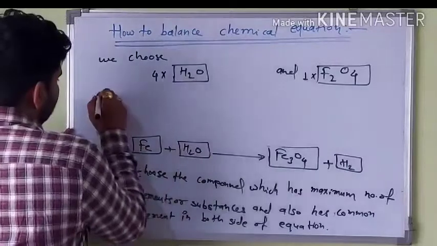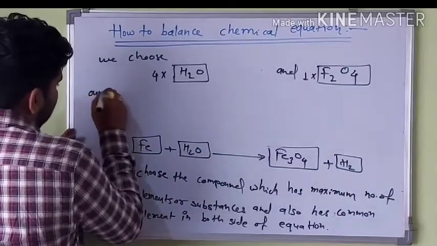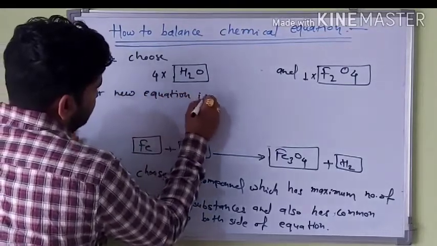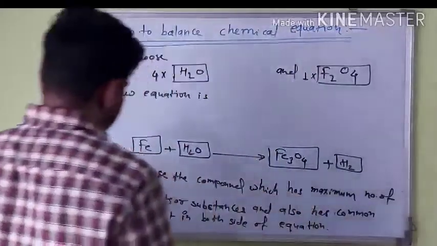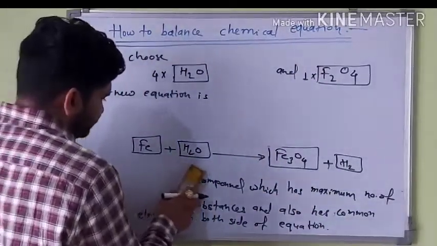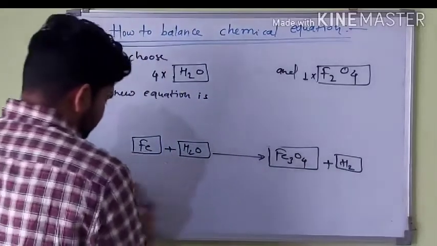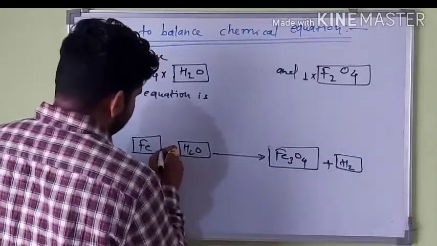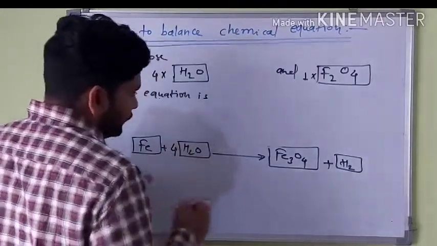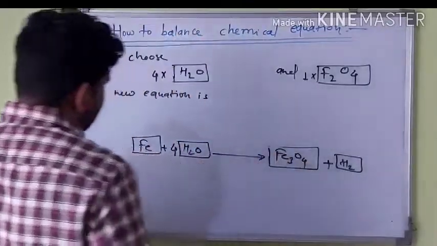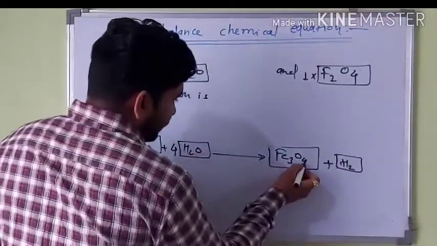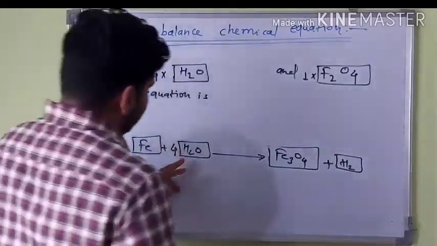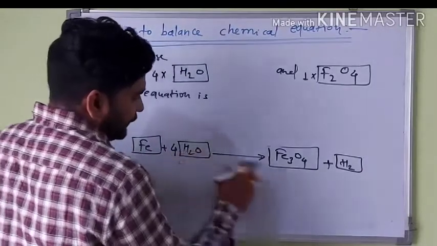Our new equation is this one, we write 4H2O, and now 4 oxygen is completed, but hydrogen is unbalanced now. There are 8 hydrogen here, and here is only 2.